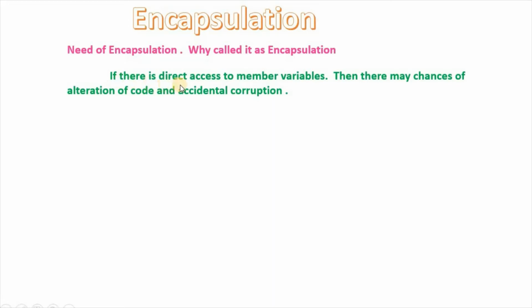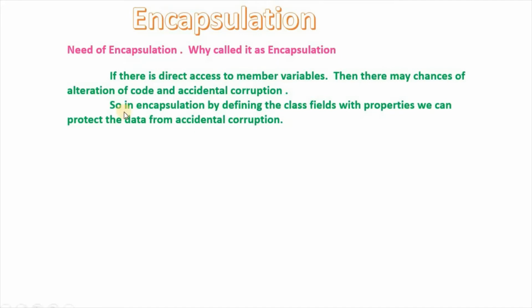If there is direct access to member variables, then there may be chances of alteration of code and accidental corruption. So in encapsulation, by defining the class fields with properties, we can protect the data from accidental corruption.